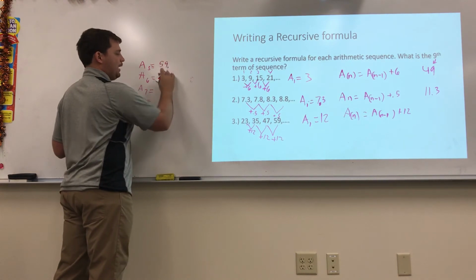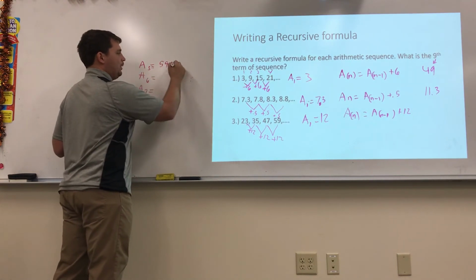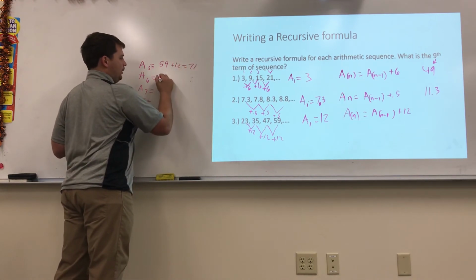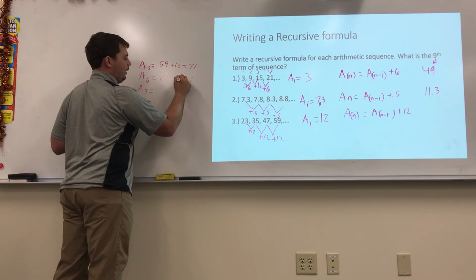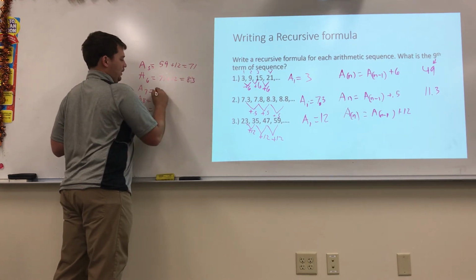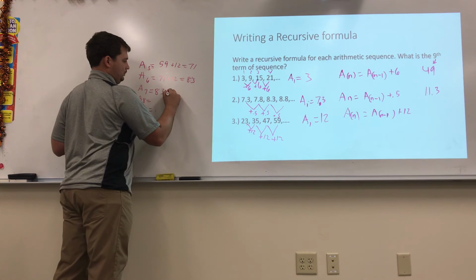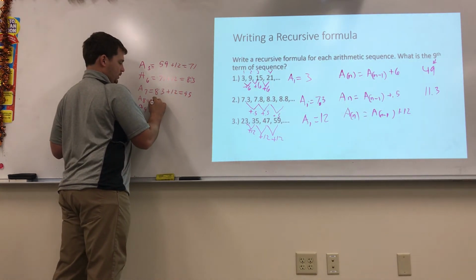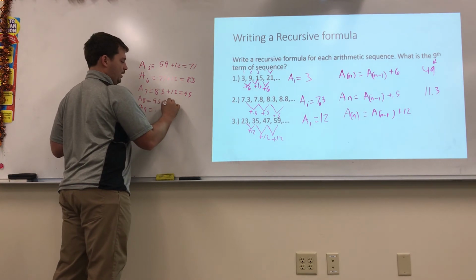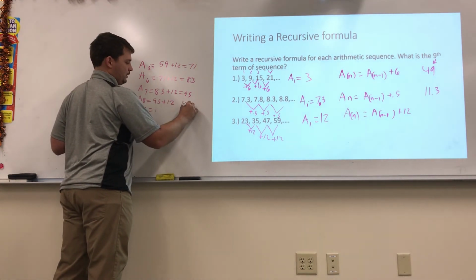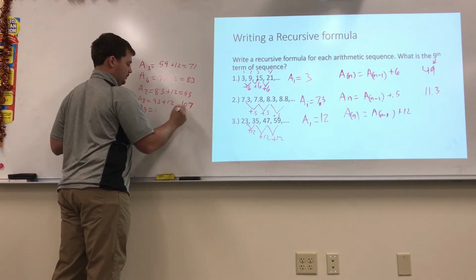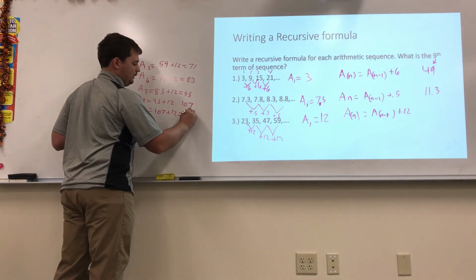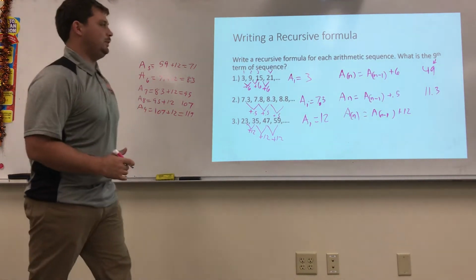So 59, because that's one more in front of that, plus 12 is going to get me 71. 71 plus 12 is going to give me 83. 83 plus 12 is going to give me 95. 95 plus 12 should give me 107, my bad. 107 plus 12 should get me 119. That is my ninth term.